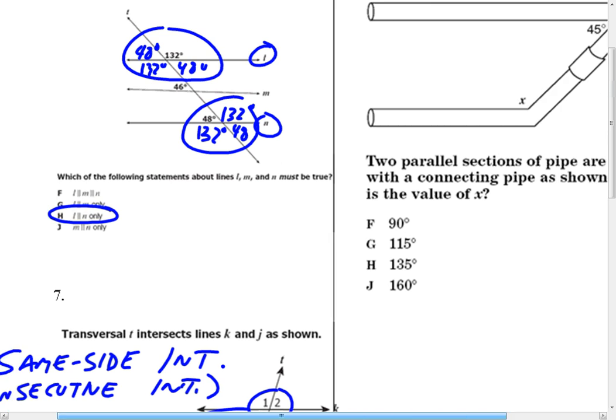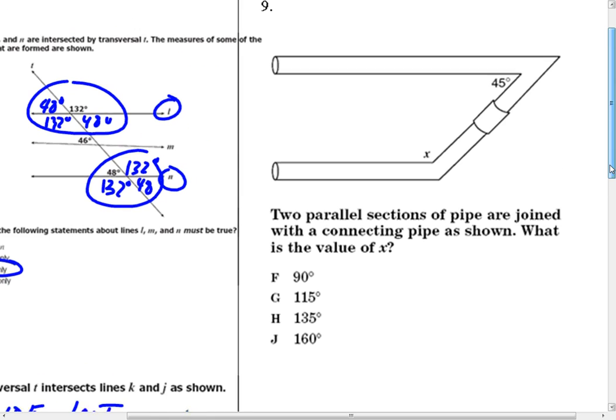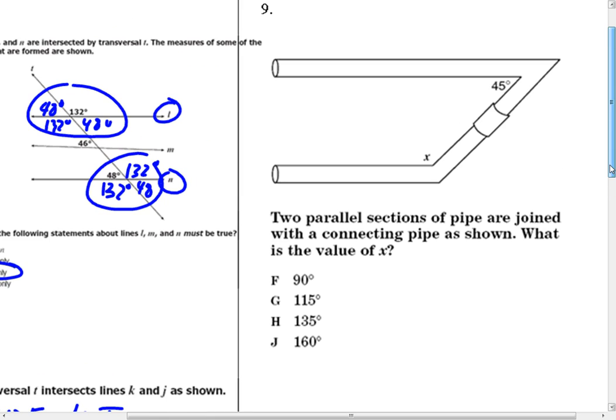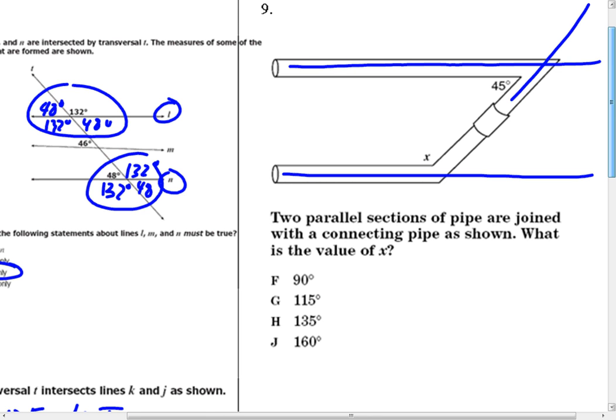If you have drawings that bring in materials, buildings, structures, and it doesn't look exactly like what you're used to, extend the diagram. Make it look like our parallel line transversal diagram. It's parallel, so we've got arrows.